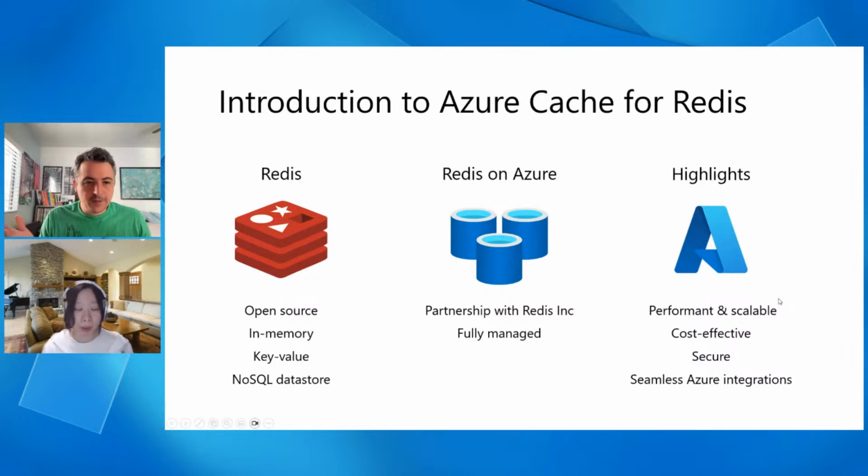So the difference here is you could go create a bunch of VMs and install Redis yourself, but then you would have to manage those VMs. You would have to scale, do the right sizing, patching, updating of the Redis bits, etc. Whereas if you go with the Azure Cache for Redis offering, this is a managed service. So basically Catherine's team is doing all of that work for you, and you're just consuming the service at that point, correct?